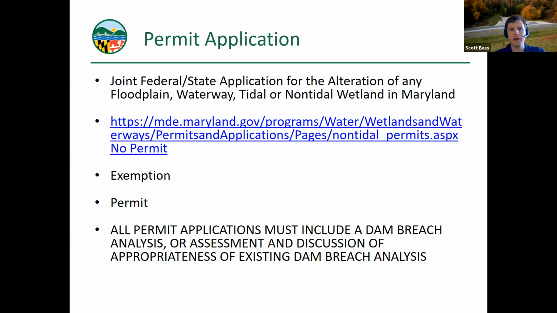With the What's in Your Pond group, we're mostly going to be talking about this exemption requirement where a local jurisdiction can review and approve the pond. And I will say all permit applications must include a dam breach analysis or assessment and discussion of the appropriateness of one that was conducted previously.